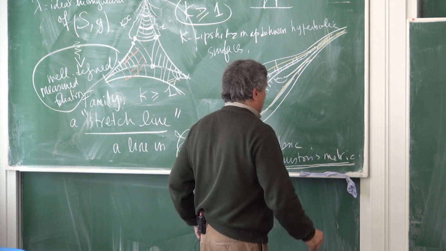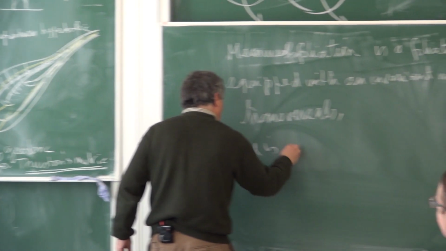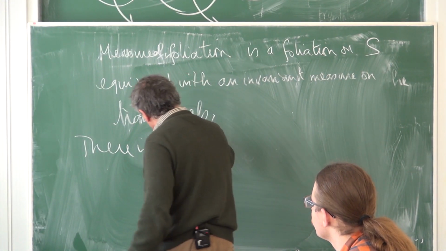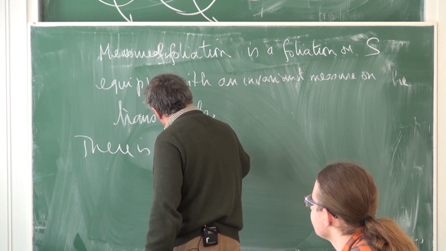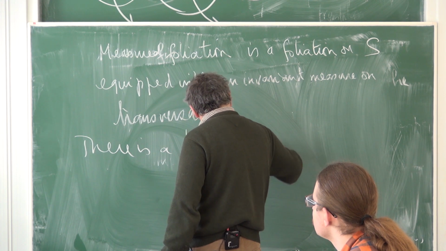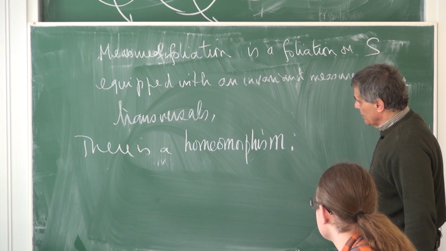Let me write it in this way. There is a bijection, in fact, more than a bijection. It is a homeomorphism. There's a homeomorphism between what and what.